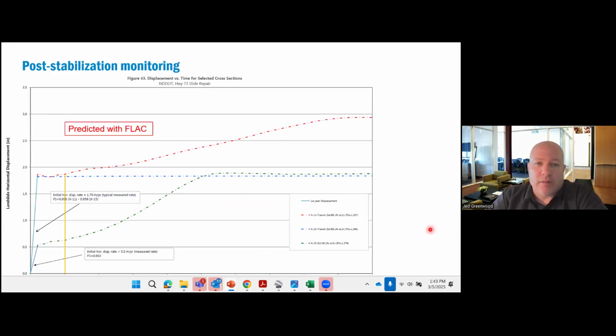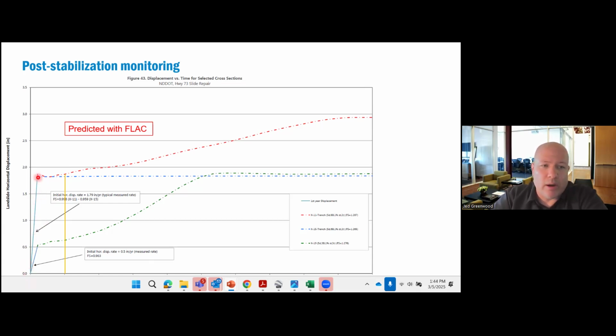And then this is kind of the money plot here, post-stabilization monitoring. So what did we predict with FLAC for the deformation rate? So what we're looking at here is this is our 1 year of deformation that occurred as part of that deformation calibration. So I mentioned it was 1.79 inches per year.